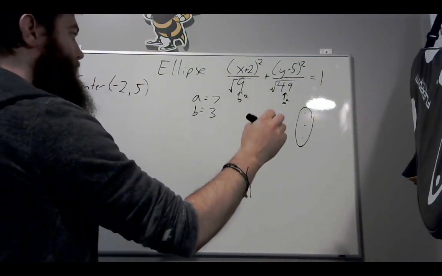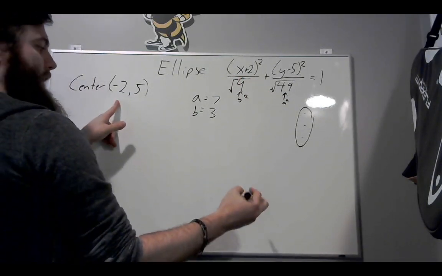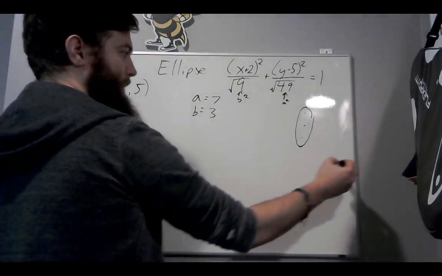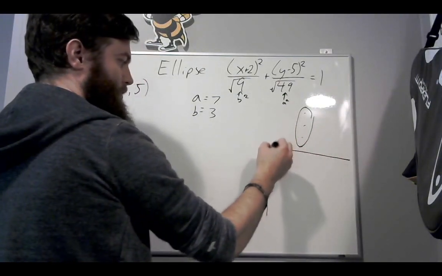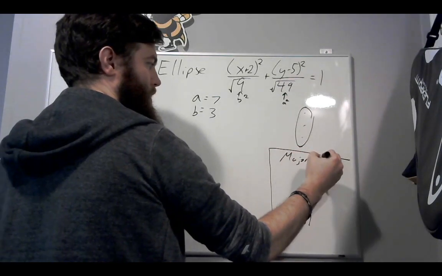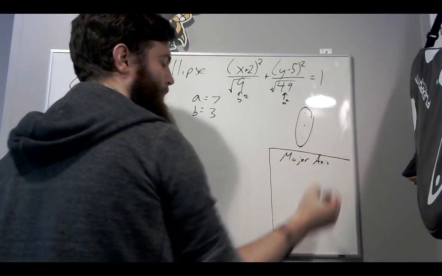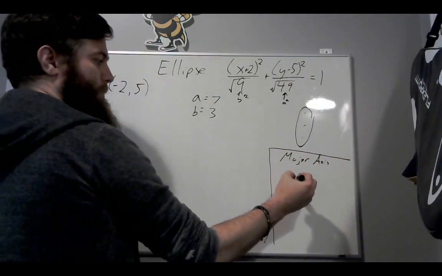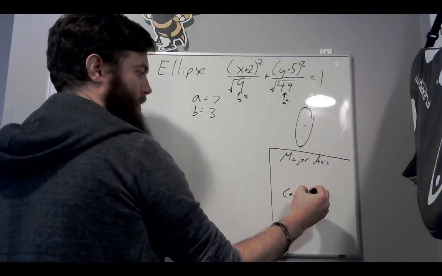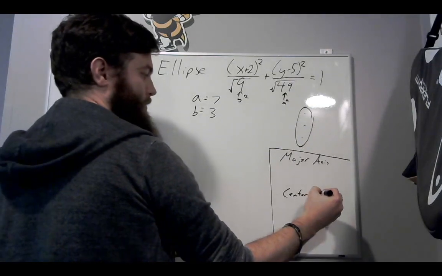Okay. So we're going to start at our center. So let's find our major axis information first. So I'm going to be starting at my center, which was negative 2, 5.